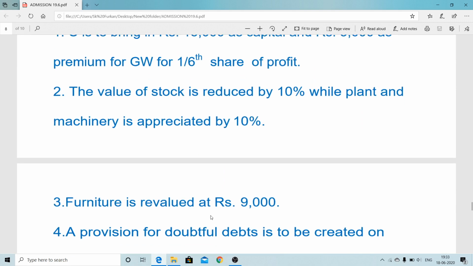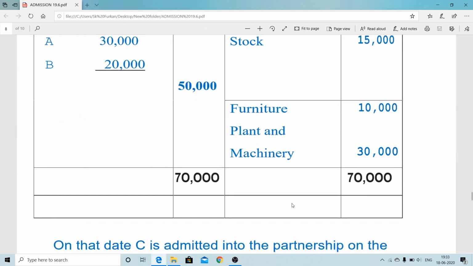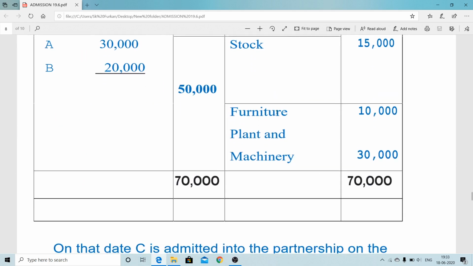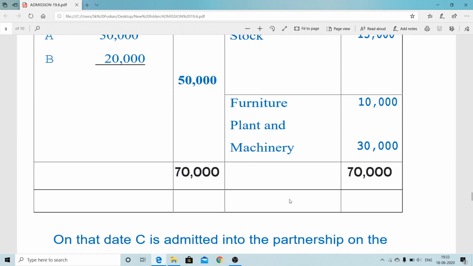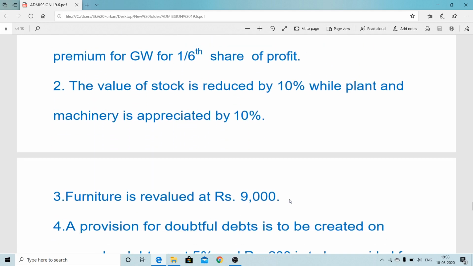When it is provided at or to, we will compare that here. Furniture value revalued at rupees 9,000, whereas furniture value here is 10,000. If we compare, the net change here is 1,000 decrease. So when it is provided revalued at or revalued to, that time we will make the comparison.